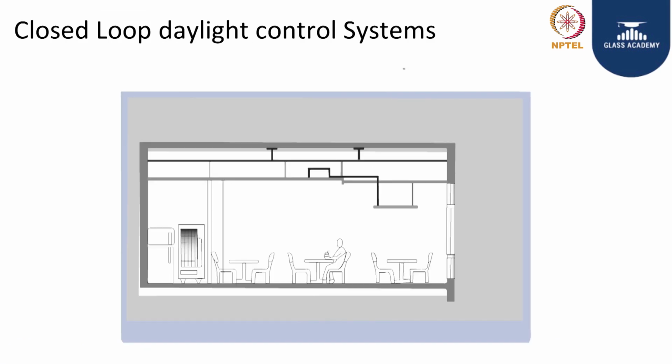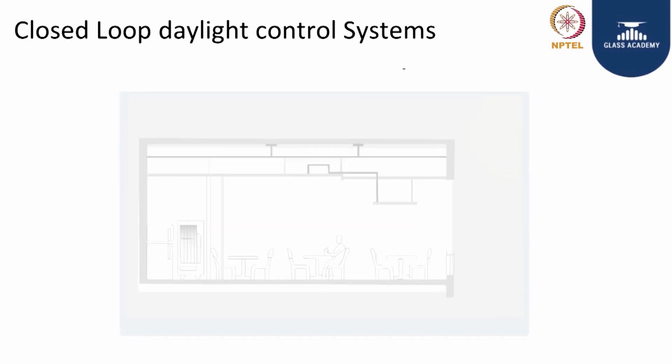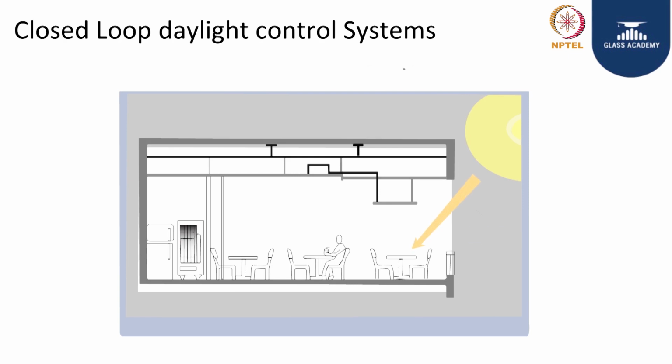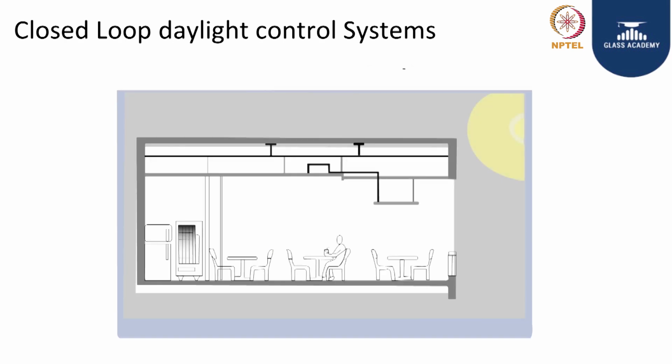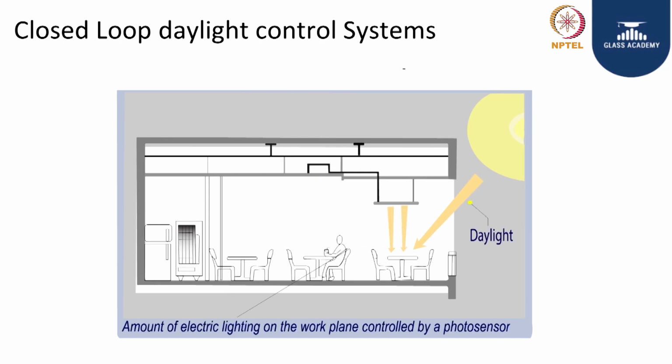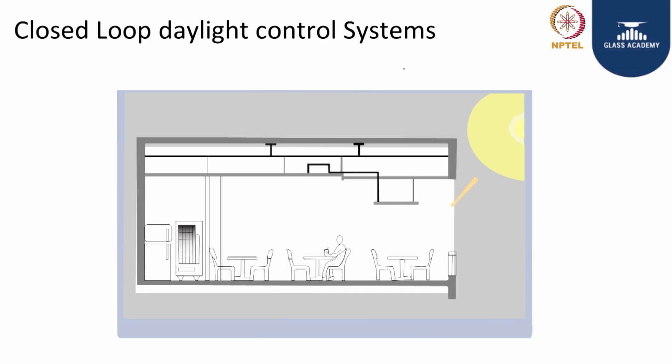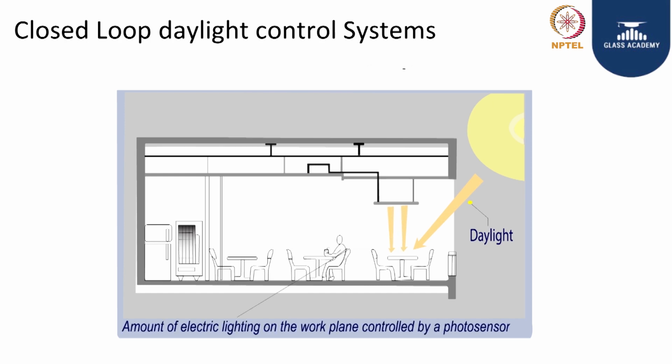How do we apply closed loop into the daylight control system? In this image, you see that there is some daylight entering from the window and it is falling onto the task table and it is getting reflected. There is some light falling from the artificial light fixture on the task, and that is also getting reflected. Our objective is to maintain the illuminance level on this table.